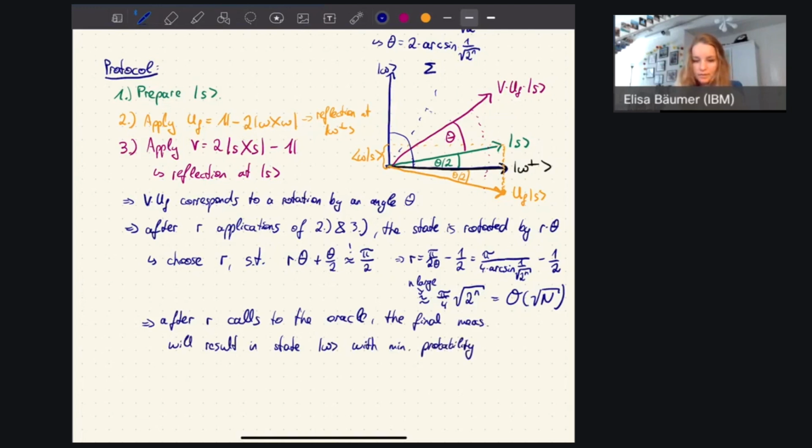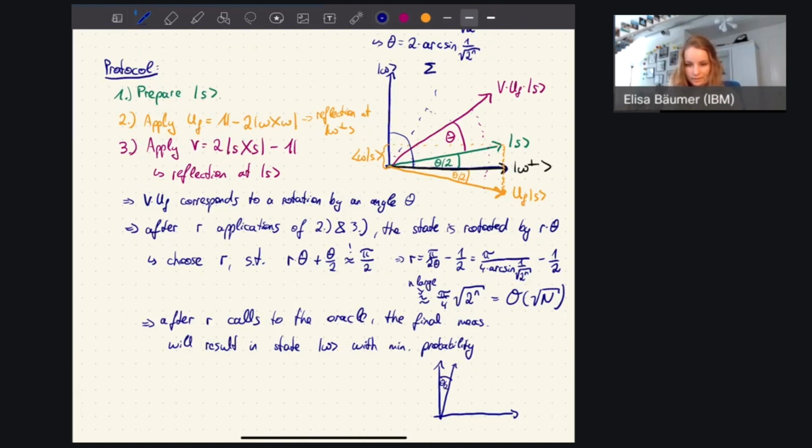And now let's check what the worst case is. So the worst case would be the case where we rotate, and then we have here this angle in the end of theta over 2. Because every time we rotate by theta, and we want to get as close as possible to that line. In the worst case, we would just have theta over 2, so that if we rotate one more time, we're not getting any closer.